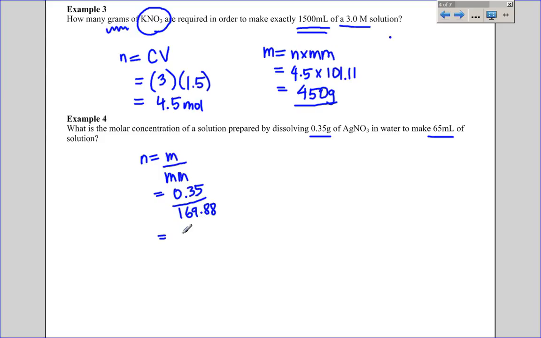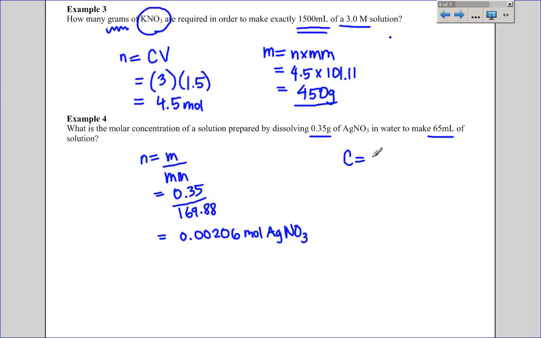And I find that I have 0.00206 moles of silver nitrate. And that is dissolved in 65 milliliters of solution.